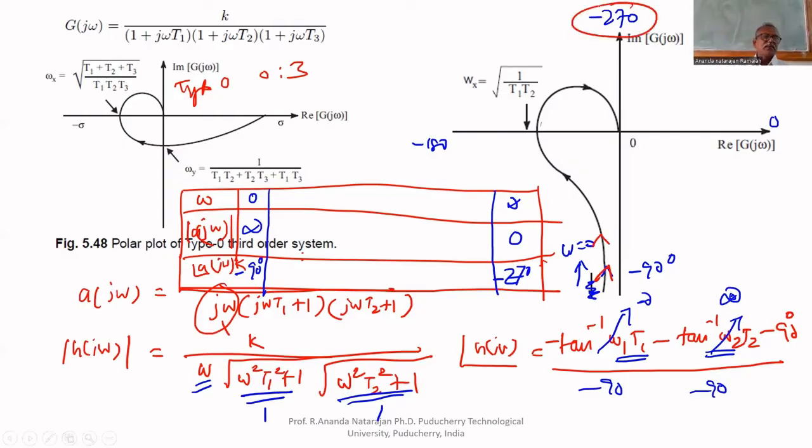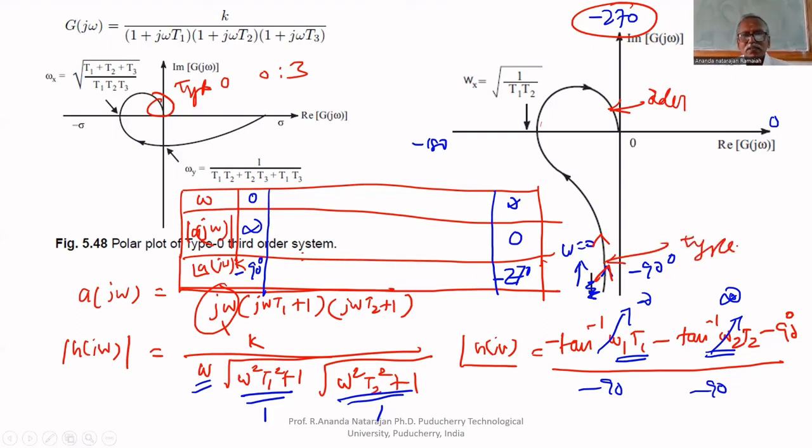So by looking at the polar plot, you can tell that it is a third order system, type 1. Why type 1? It starts from minus 90. Why third order? It ends at minus 270. So the ending point tells the order, and the starting point tells the type number.